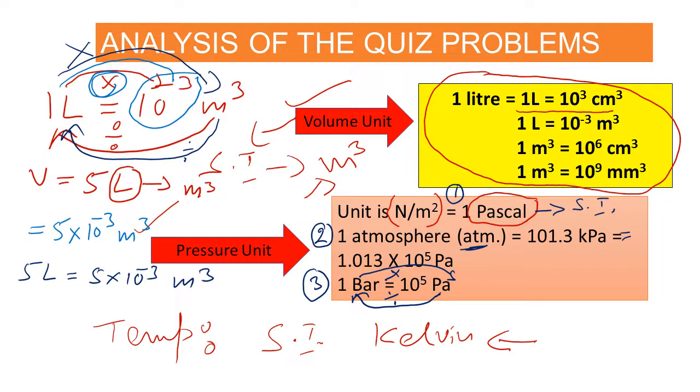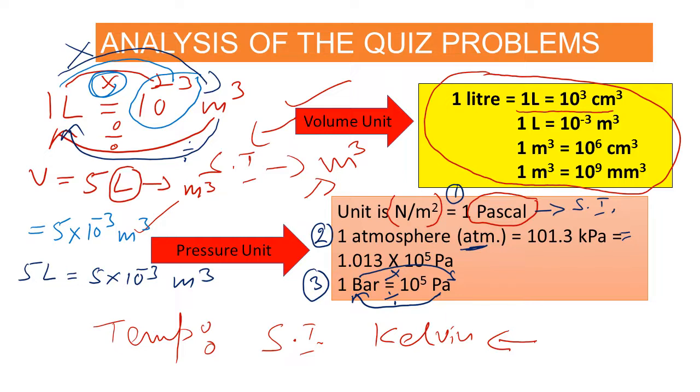For example, if the volume is given as 5 liter, then you have to change this liter into meter cube. So how to change this one? Liter to meter cube means you have to multiply by this number.